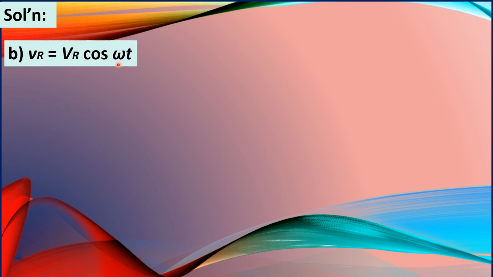For question letter B, you are asked to find the instantaneous voltage across the resistor, labeled here as small letter v sub R. That's simply equal to big letter V sub R, the voltage amplitude across the resistor, multiplied by the cosine omega t.